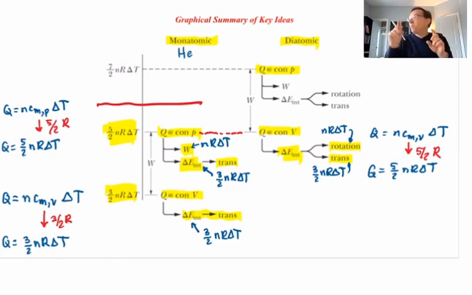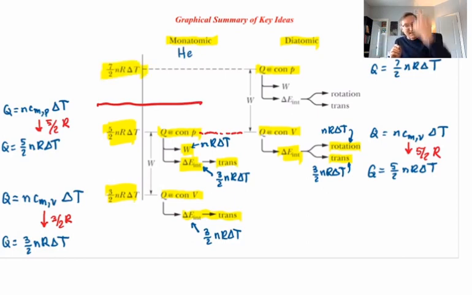So 5/2 plus 1 all times R, which is 7/2 R. So the Q formula is 7/2 nR delta T. And that's higher up, and that's right here.